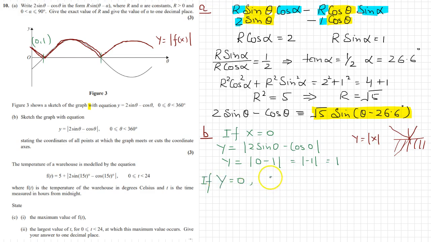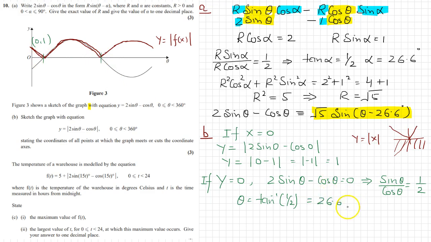If y is 0, then 2 sin theta minus cos theta is equal to 0. So this means sin theta over cos theta, tan theta, is equal to half. So theta is tan inverse half. It's the same value in fact, because these points are not changing.